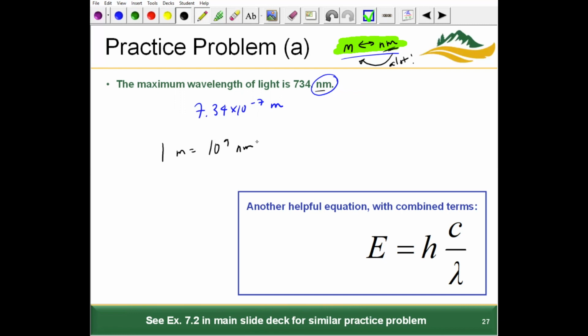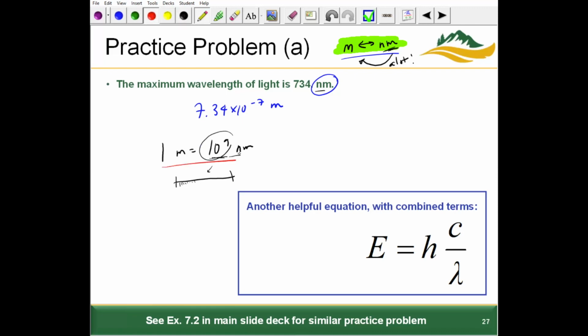We can't measure nanometers with a meter stick, but you get the idea that within 1 meter, we're going to have a large number of nanometers. So times 10 to the 9th rather than 10 to the negative 9th.